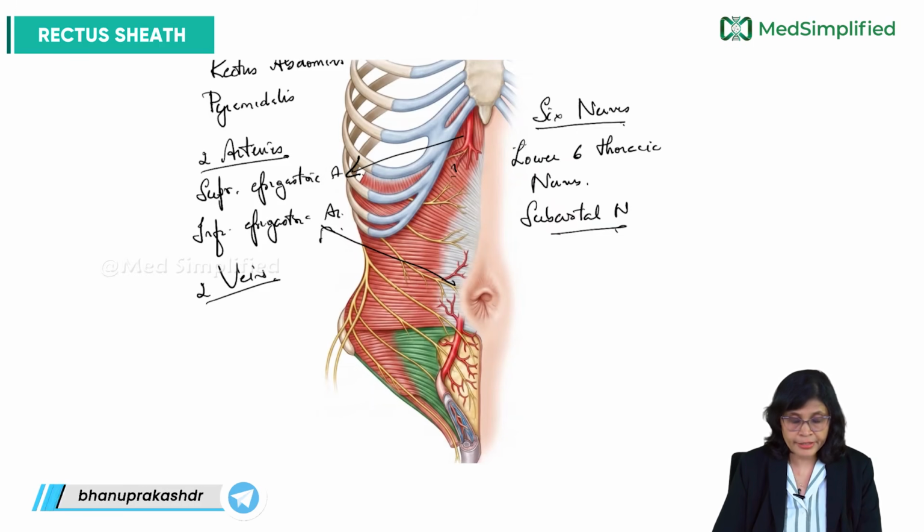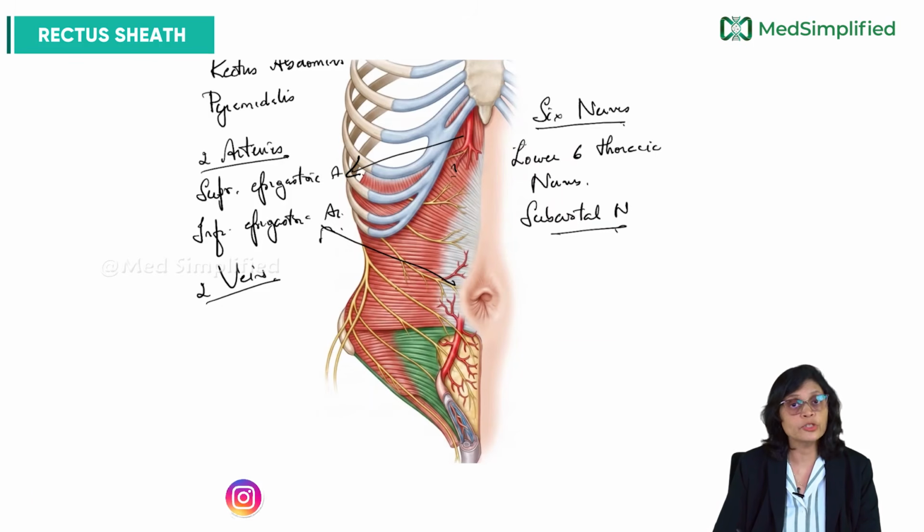And then it will enter the rectus sheath. So how does it enter the rectus sheath? By piercing the posterior lamina of the internal oblique muscle aponeurosis. So it will pierce that, and within the rectus sheath they will further proceed. They will pierce through the rectus abdominis muscle and come almost up to the midline, where they will again pierce the anterior wall of it, and they become cutaneous.